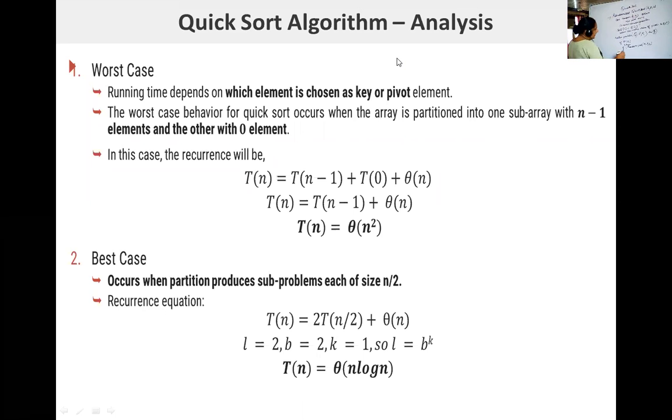Then we will again call the randomized function from A, P comma Q. Then again randomized quicksort A, Q plus 1 comma R, and this will sort the elements accordingly.